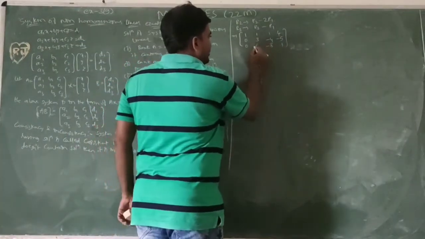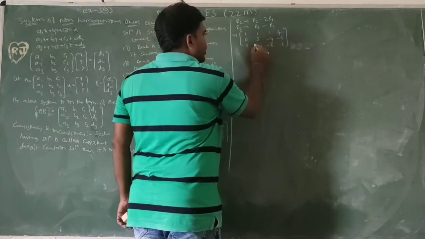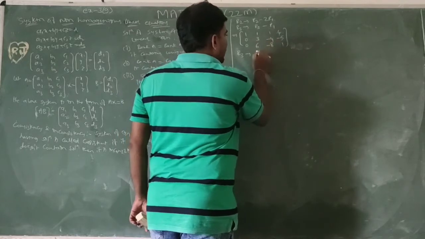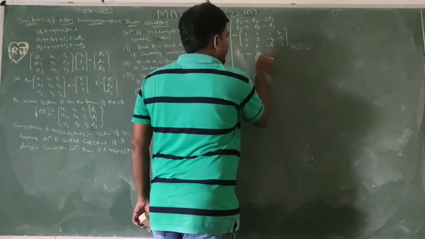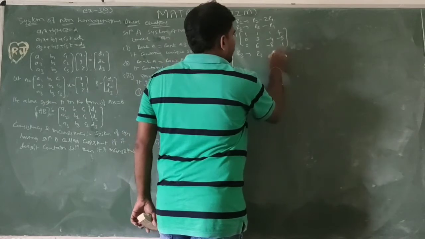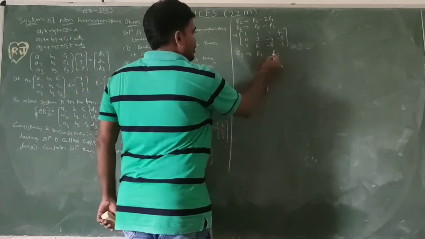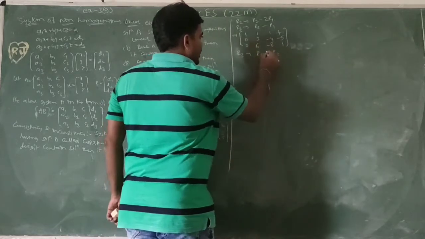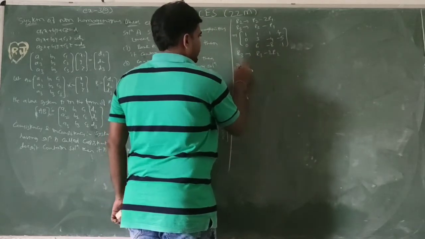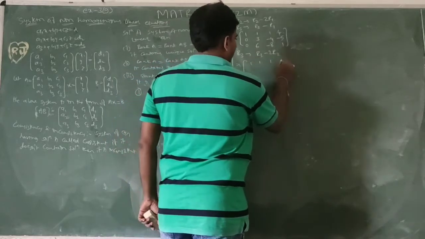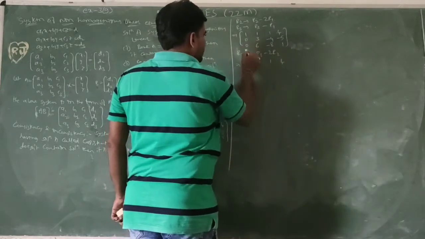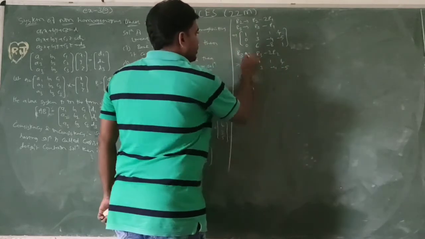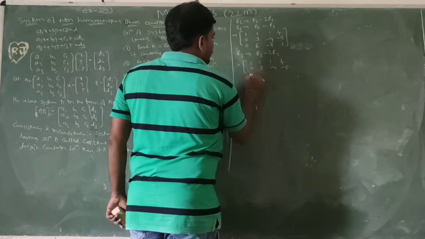Next, this is 6, this is 3. We need to convert this 6 as 0. R3 changes, compulsorily with the help of R2, using this 3. So 6, 3, balance I want to write 2, same sign, keeping minus in the middle. Rows: 1, 1, 1, 4; 0, 3, minus 4, minus 5; 0, 0, 0.